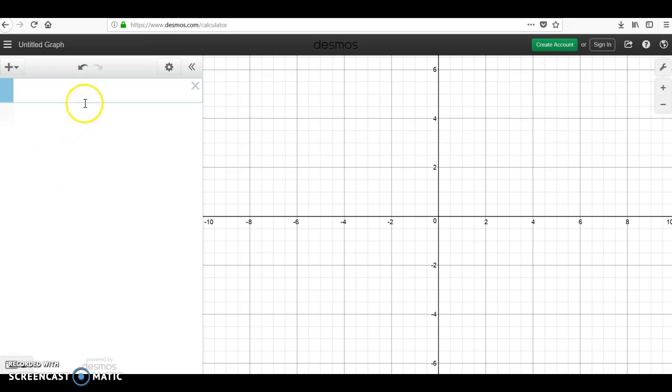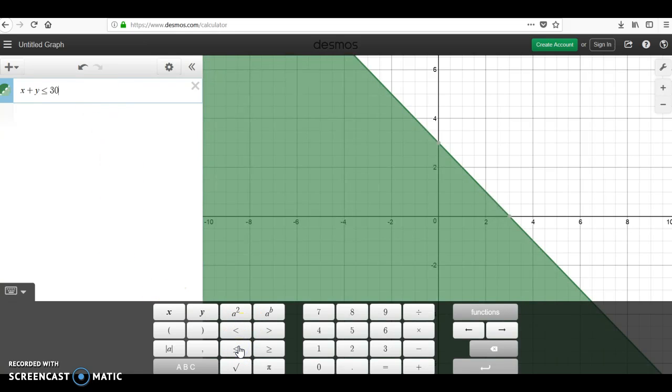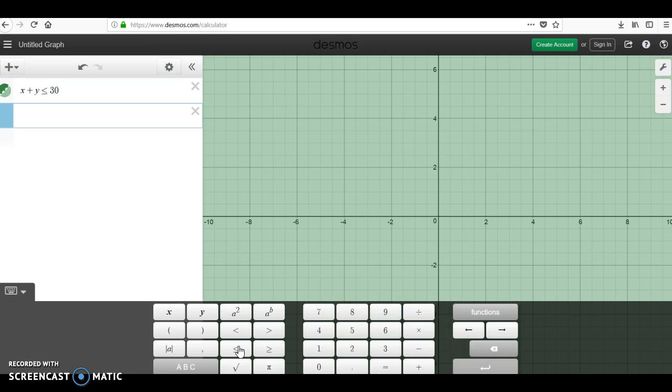So our first equation to graph is X plus Y is less than or equal to 30. On our next line, we have X is greater than or equal to 5. We also have Y is greater than or equal to 10.